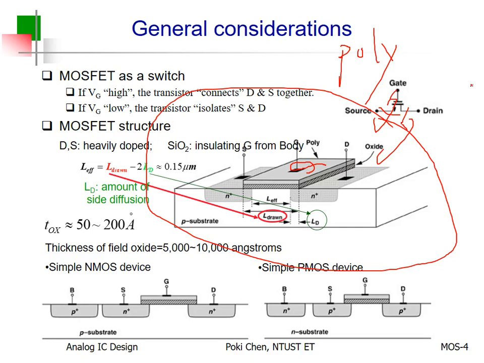Actually, I need to warn you. All the equations you learned from microelectronics, they are not talking about the gate. They are talking about source and drain. No. All the equations usually are for the main component, your channel.